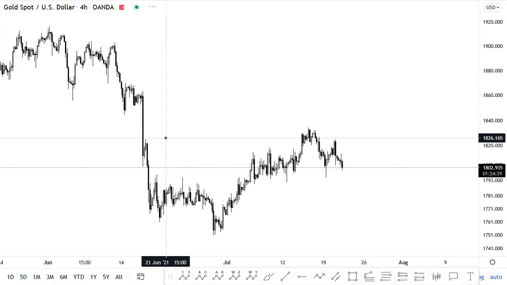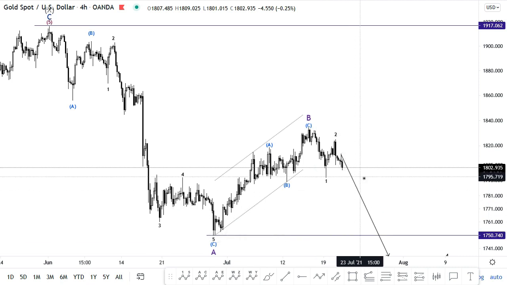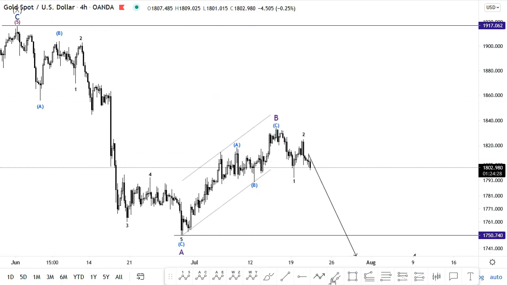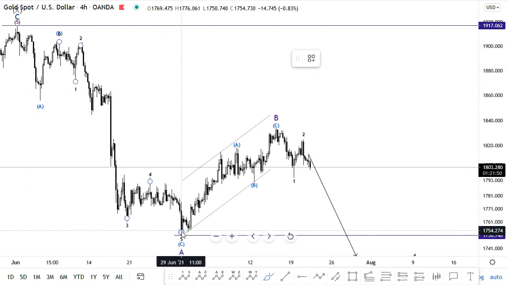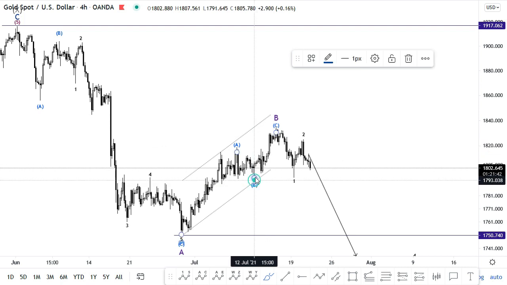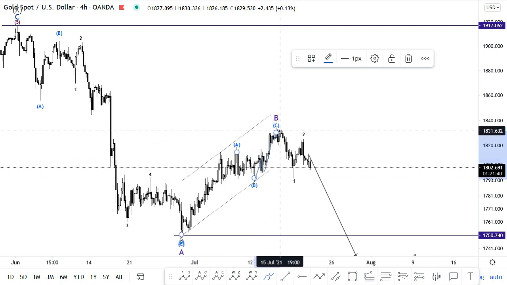On gold, I've been analyzing gold from my past videos. You know that we are expecting a complex correction wave Y to be completed. So now, what we are expecting from gold, we assume that this might be a B, completion of wave C in a 5-wave move, as our wave A, and then A, B, C, assuming it unfolded as a 5-wave move.